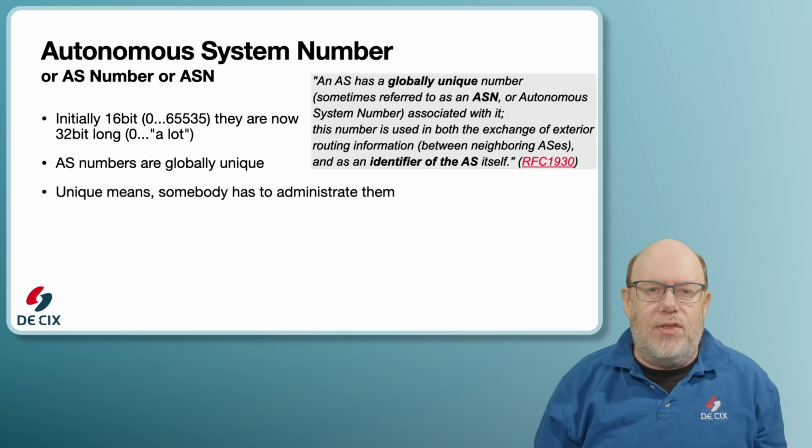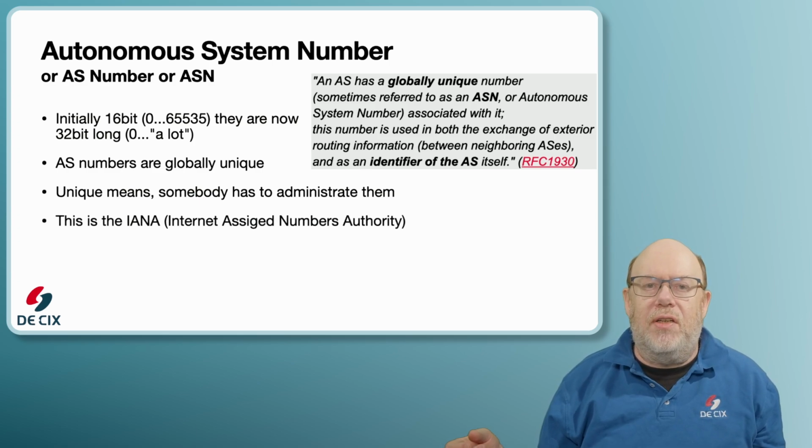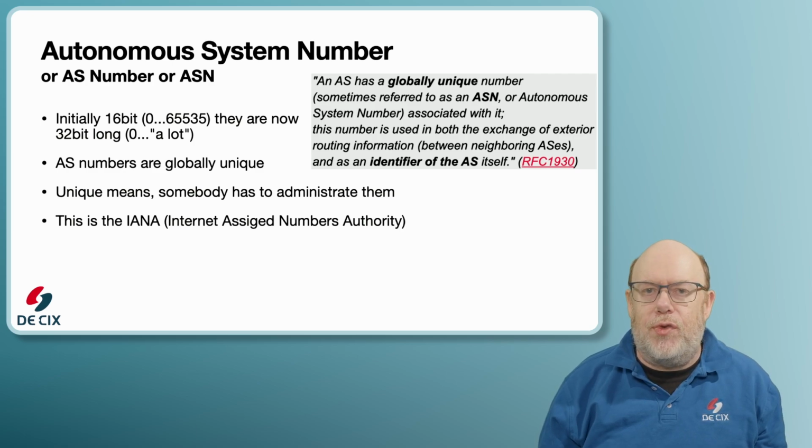And if a number is unique, you need to have somebody who administrates these numbers, who hands them out, and who keeps track which number has been assigned to whom. And that entity is the IANA, and that's the Internet Assigned Numbers Authority.